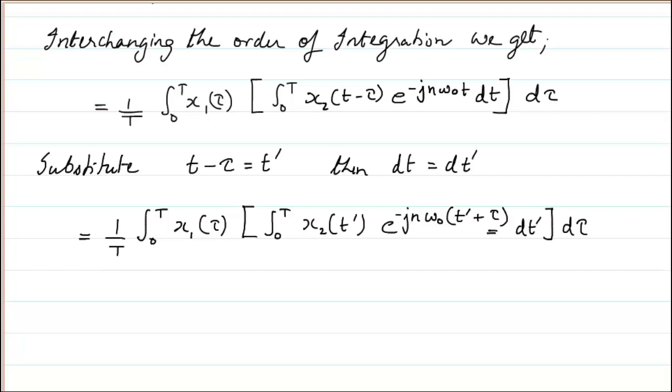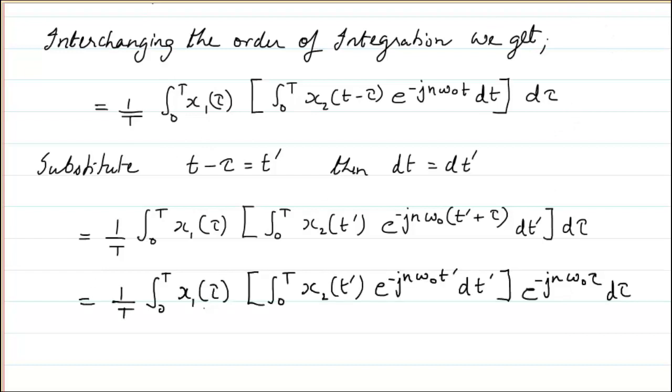Now you can see that this tau term can be taken outside the integration, because e raised to power a plus b is as good as writing e raised to power a into e raised to power b. So here this tau term I can take it outside the first integration, that is the bracket.